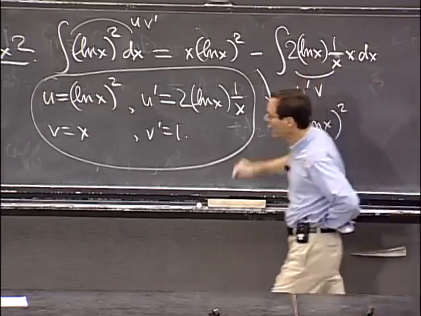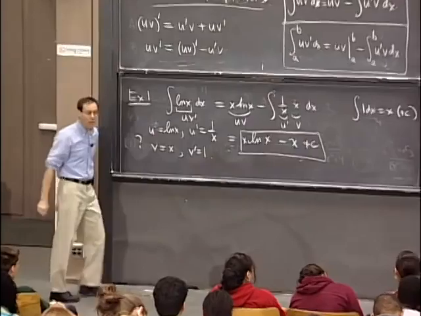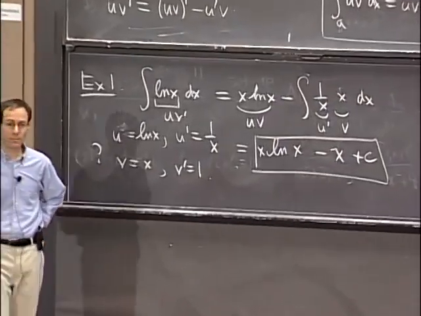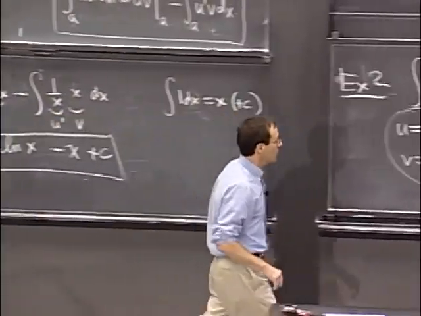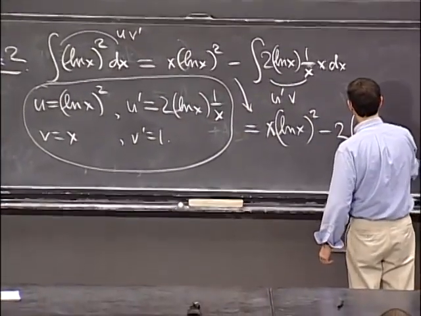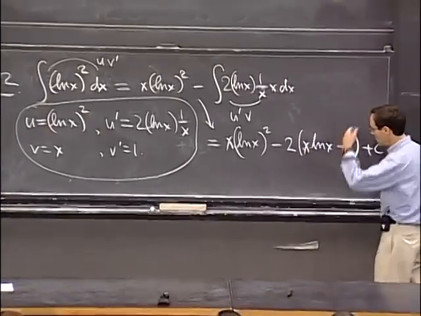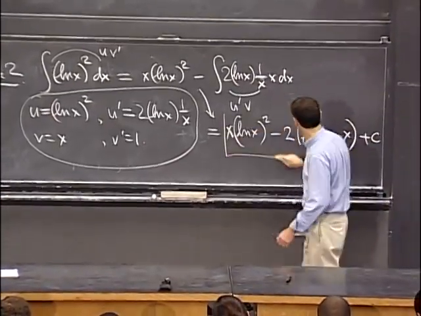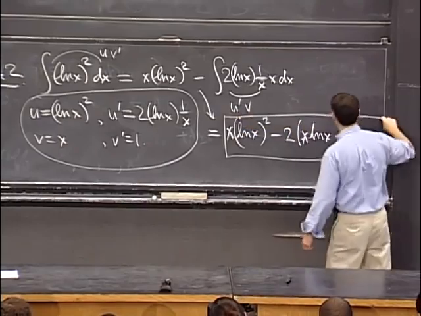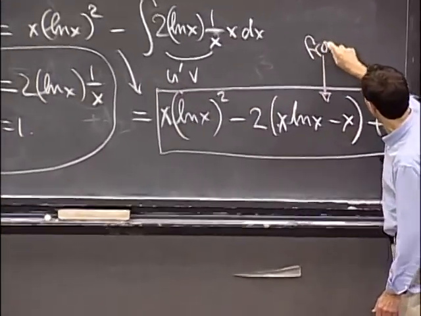We didn't win all the way, but actually we reduced ourselves to the integral of log x, which we already know. So here, I can copy that down. That's minus 2 times (x log x minus x), and then I have to throw in a constant c, and that's the end of the problem here. That's it. All right? So this piece I got from example 1.